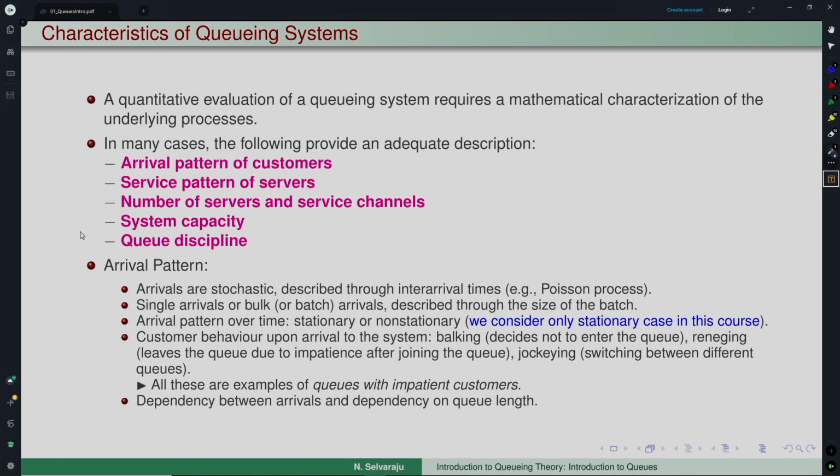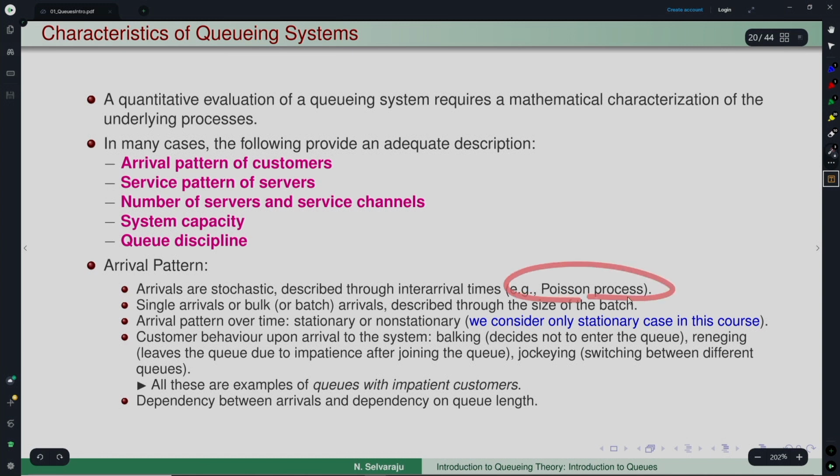When they are stochastic, you need to describe them through their inter-arrival times, the time between arrival of 2 consecutive customers. That inter-arrival time is what is required to be described in terms of its stochastic or random nature.